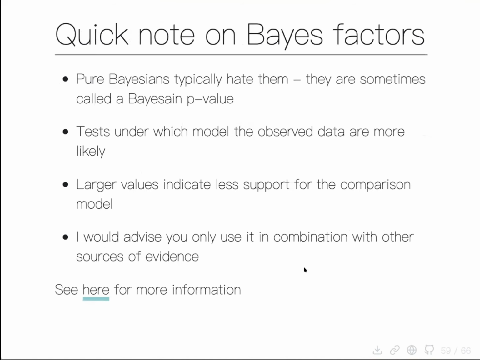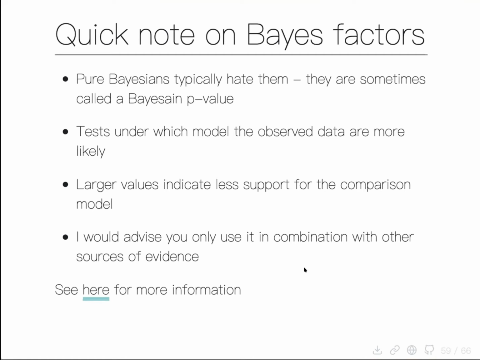So, a quick note on Bayes factors, right? You may or may not be familiar with them. You should know that they are fairly controversial, and people who are pure Bayesian people hate them. A huge reason why people like Bayesian methods is because it gets us away from p-values, and we're combining information from our prior expectations with the evidence from the data to get this posterior distribution that we use for inference.